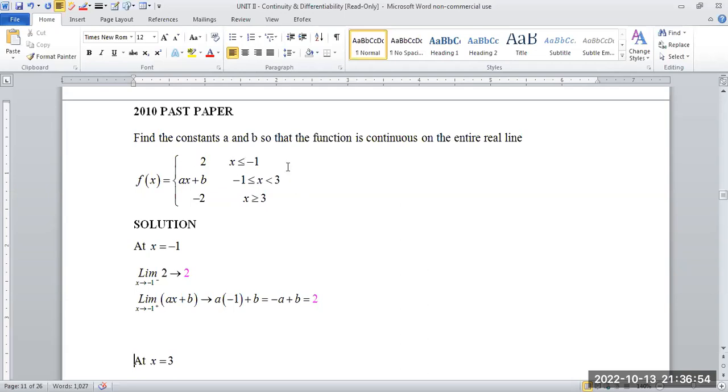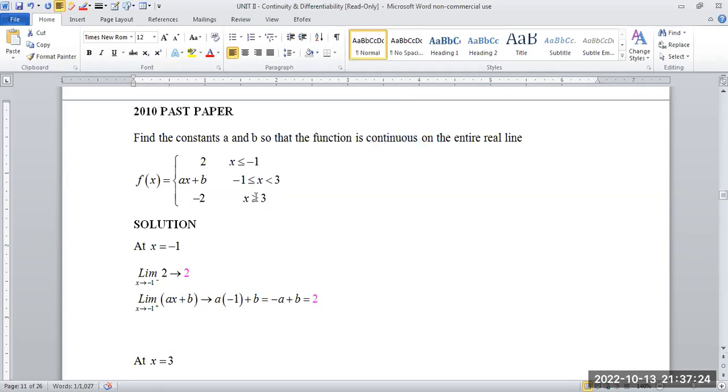I can start either at the top or at the bottom, because whatever the top equals, the middle piece is supposed to equal it too, and the same with the bottom, in order for it to be continuous. We're looking at continuity, on the entire real line, not a piece of the line but the whole of it.